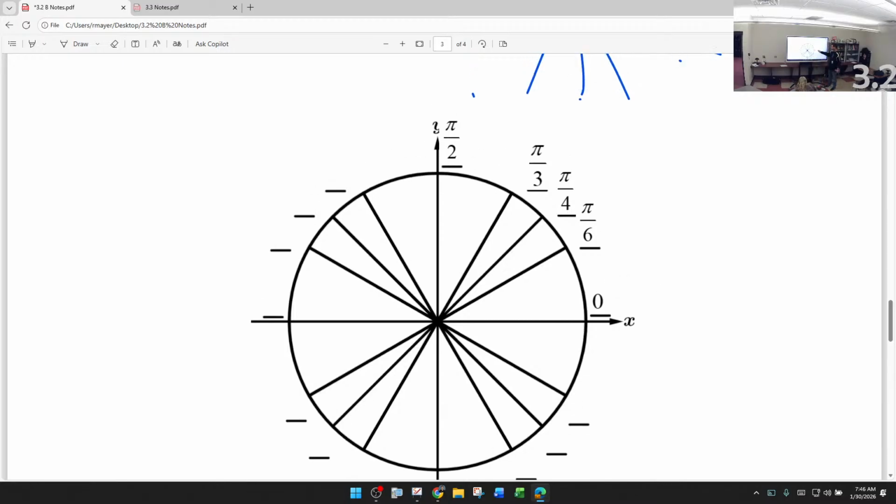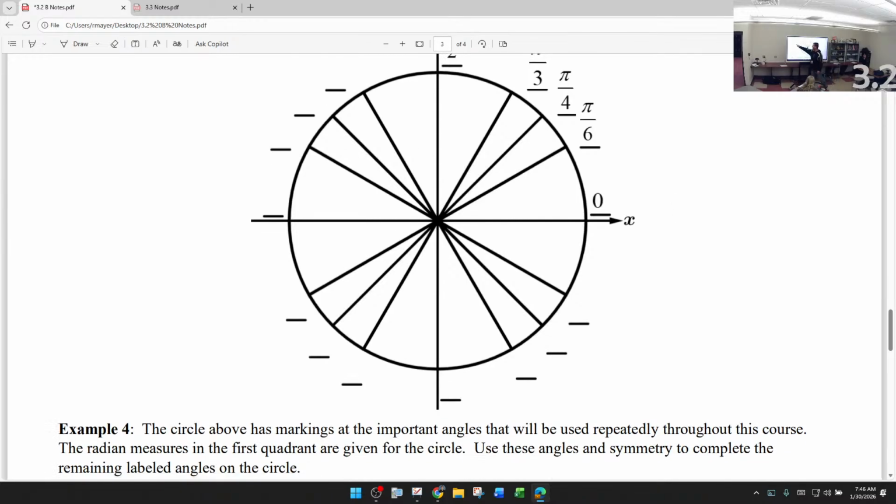And now when I say 12/6, guys, it's 12 pi over 6. Okay, those are the ones you've got to know. You've got to know those radian measures, positive and negative. Positive and negative.